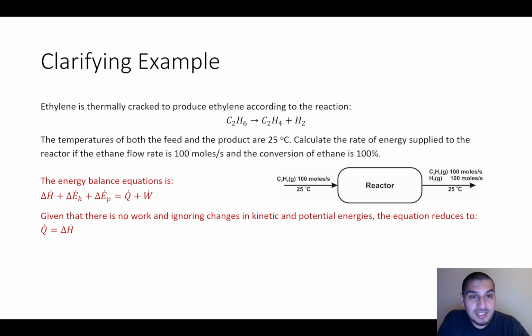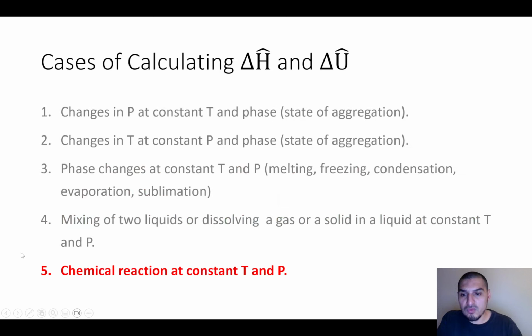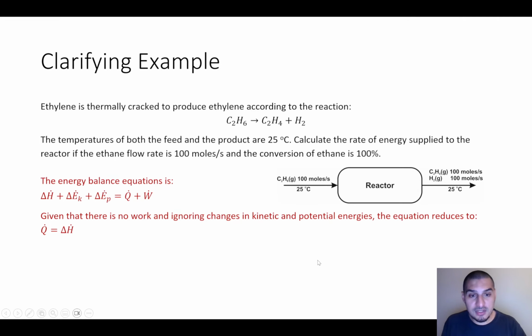enthalpy is the reaction. I want to go back to the list of the causes of, or the cases of, calculating the change in enthalpy and change in internal energy. One of them was the chemical reaction. So the chemical reaction by itself is one reason for changing the enthalpy of the system.